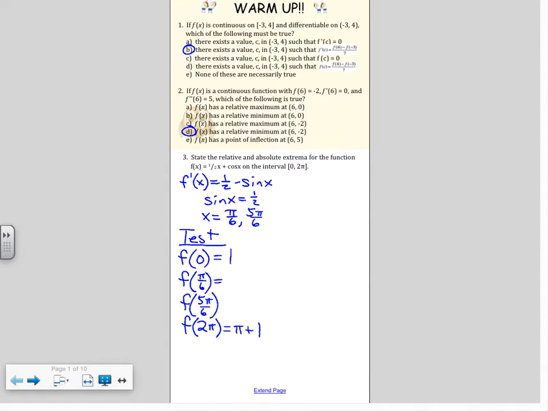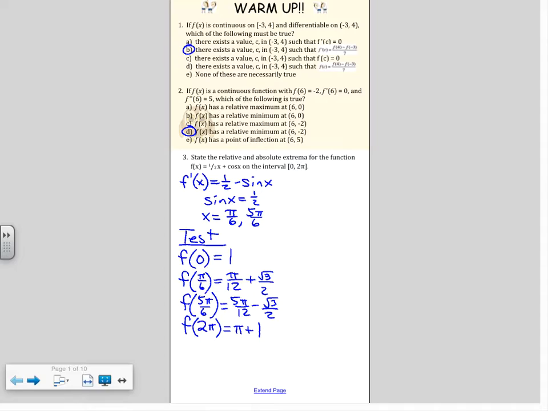F of pi over 6, when you plug it in, you get pi over 12 plus the cosine of pi over 6, which is √3 over 2. And f of 5 pi over 6, you get 5 pi over 12, and then plus the cosine of 5 pi over 6, which would be -√3 over 2.